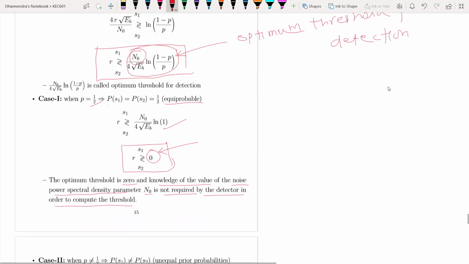This is about the design of the optimum detector, and there are two types of optimum detector based upon decision criteria: MAP criteria and ML criteria.